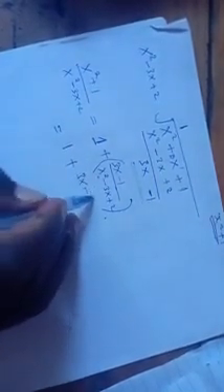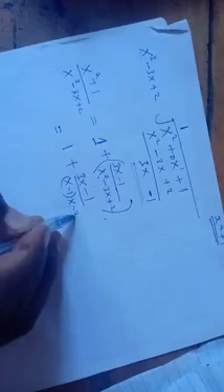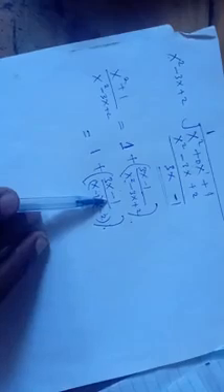Now it is this part that you're going to split using partial fractions. We will write 1 plus 3x minus 1 all over x minus 1, x minus 2. So it is this value that we are going to split into partial fractions.